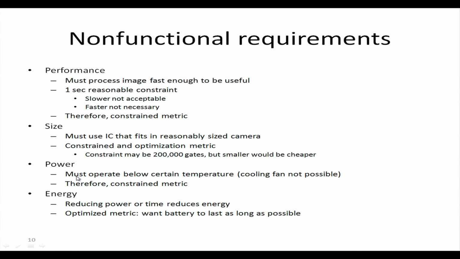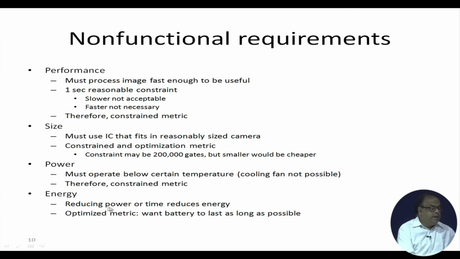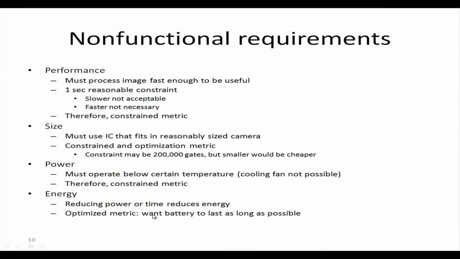Next comes the power. Must operate below certain temperature. Therefore, that is a constraint. Some temperature will be given. Cooling fan is not possible. Therefore, it is again a constraint metric. And energy is reducing power. We have to reduce the power or time, so that the energy is reduced. This is an optimized metric, because we want the battery to last as long as possible.